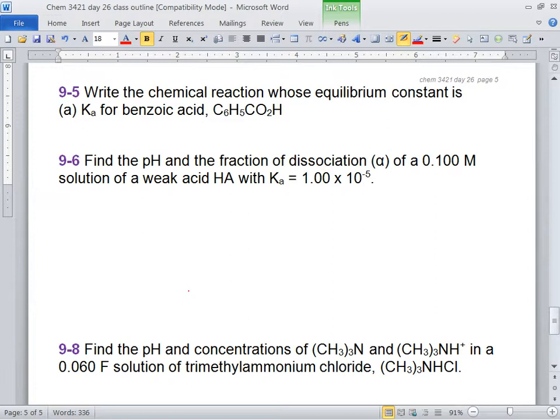Okay, so backing up a little bit here. Okay, Kimberly, how do we write the chemical reaction whose equilibrium constant is Ka for benzoic acid? How would you write that reaction? This benzoic acid, C6H5CO2H.